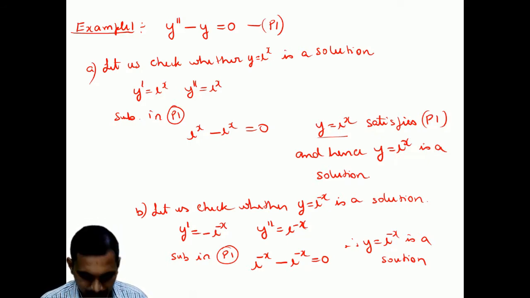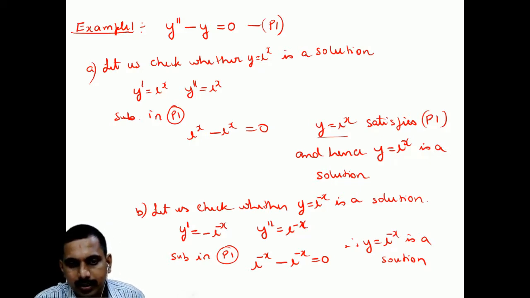Sir, e power minus x plus e power minus x, it will come, sir. E power minus x plus e power minus x, because here minus e power minus x is there in y dash. We are not worried about y dash, dear. We are substituting y double dash, okay.